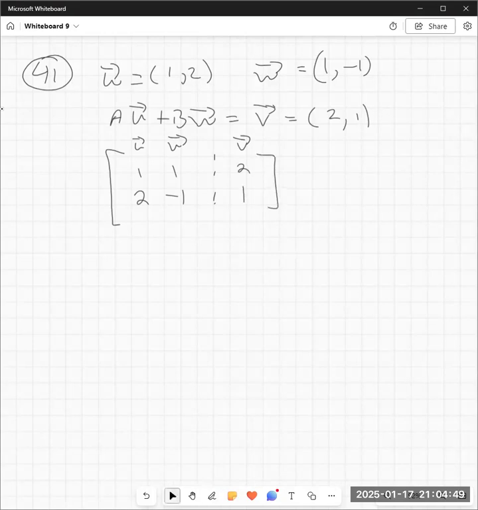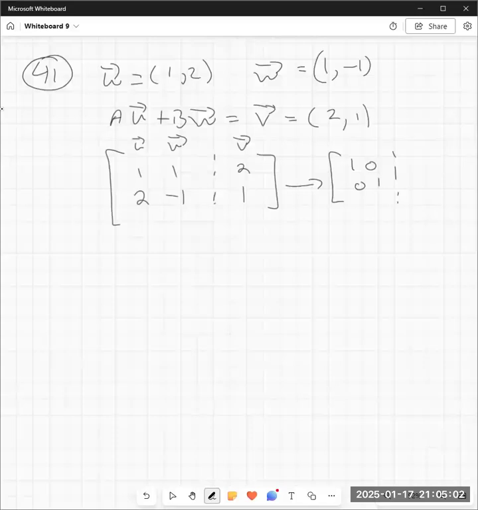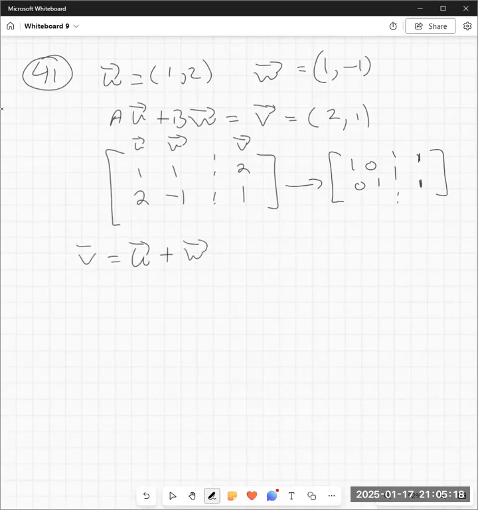And then you can reduce row echelon form this, and you get 1, 0, 0, 1, and you get that a is going to be equal to 1, and b is going to be equal to 1. And so you get u plus w is equal to v.